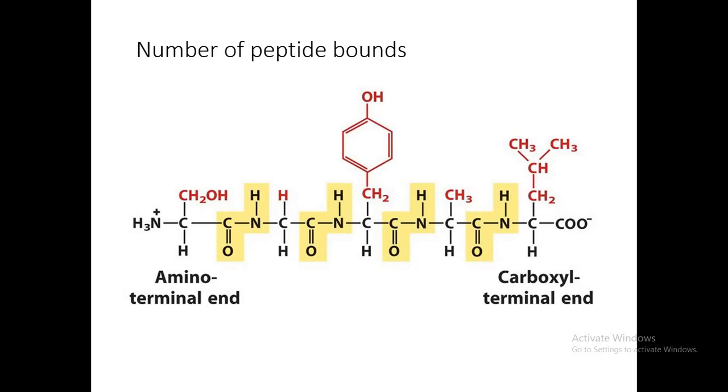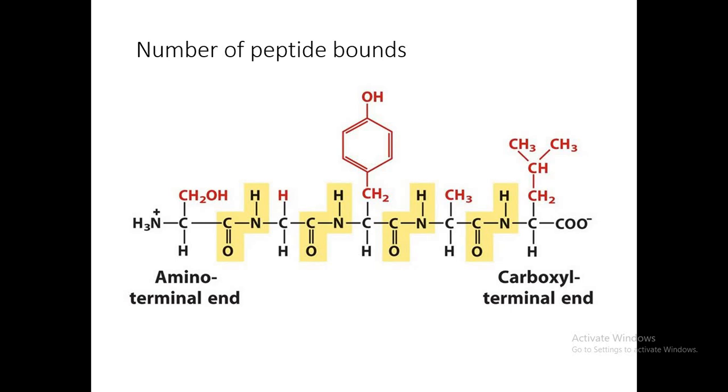If 5 amino acids join with each other, there will be 4 peptide bonds, and it is called a pentapeptide because it has 5 amino acids. Tetrapeptide means 4 amino acids joined with each other via 3 peptide bonds. So the peptide name is always numbered by the number of amino acids.